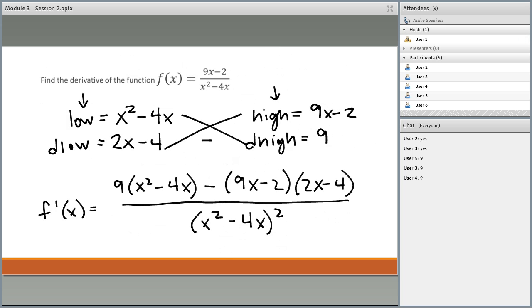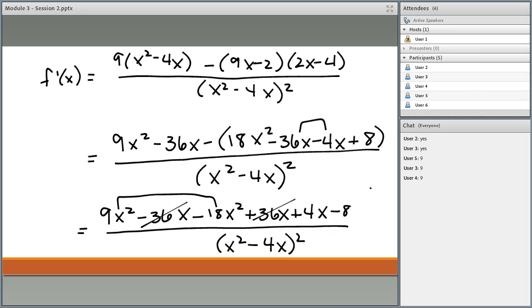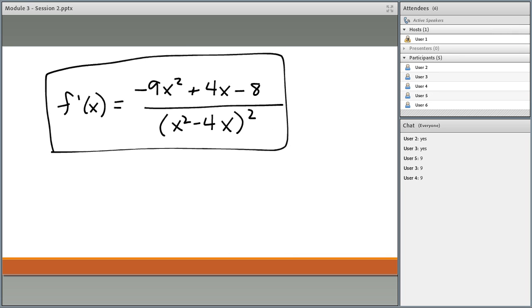So again, if I set up low here and high there, and then I find their derivatives, then I can cross multiply and subtract. The only difference is we subtract here. And then I have low d high minus high d low over low squared. And then I can simplify the numerator, which is what we did here. And then I finally get to the final answer.